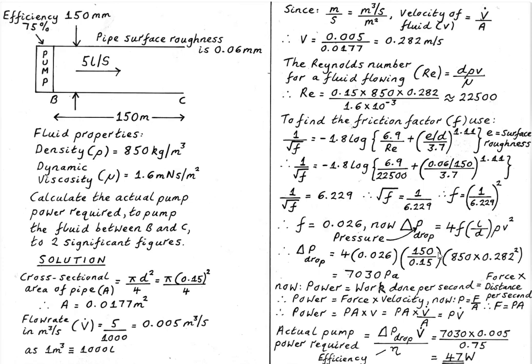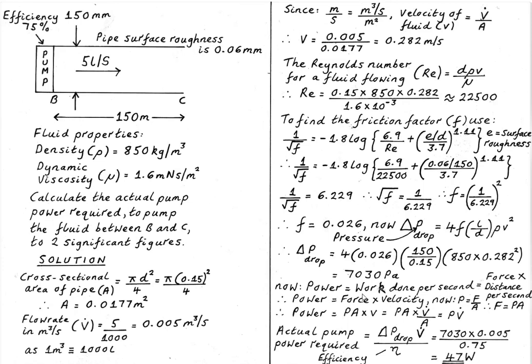So I have substituted the length of the pipe as being 150 meters, and the diameter hence must be in meters also. So 150 millimeters is 0.15 meters. The density of the fluid is 850 kilograms per meter cubed, and the velocity, which was worked out here, needs to be squared, giving an overall pressure drop along the pipe of 7,030 pascals.